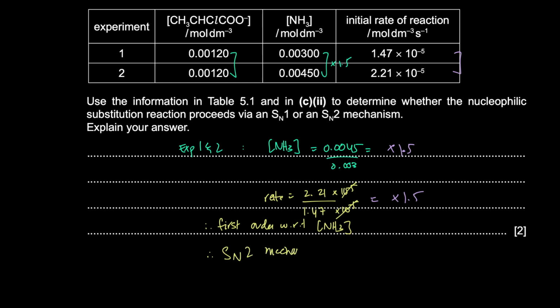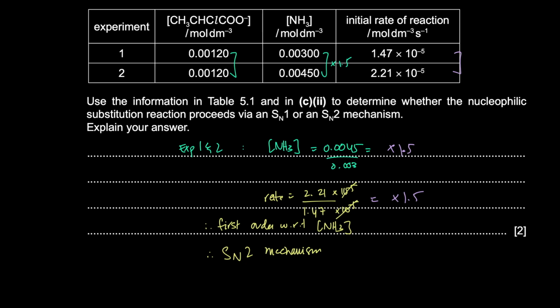The 2 over here comes from the fact that the rate determining step includes both NH3 and this species. In the SN1 mechanism, it only depends on the initial reactant and not the nucleophile. In SN1 it only depends on this, whereas in SN2 the 2 comes from the fact that it depends on the concentration of both. They're both part of the rate equation, hence we have an SN2 mechanism.